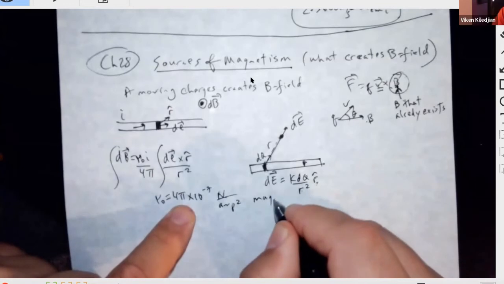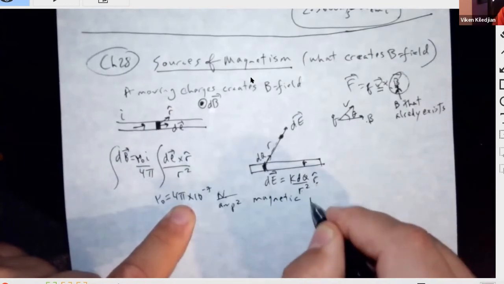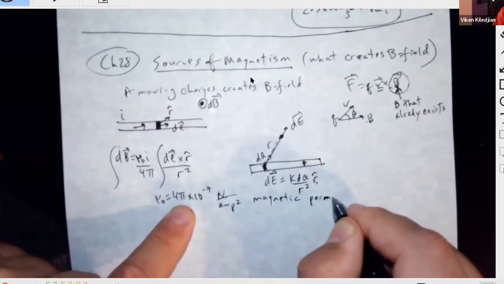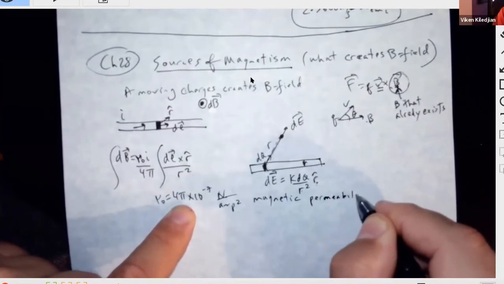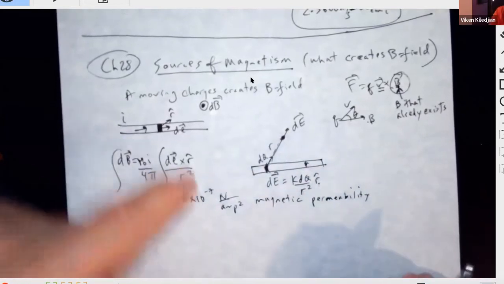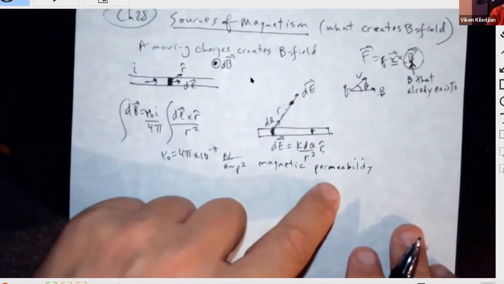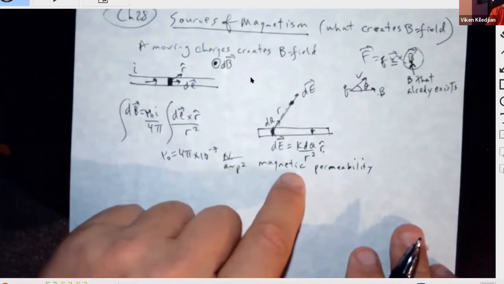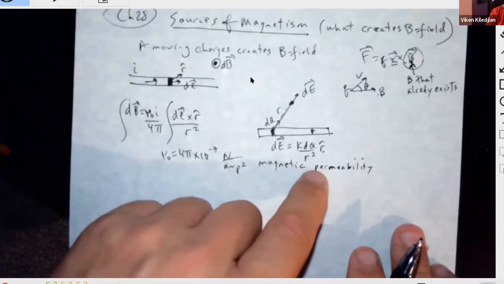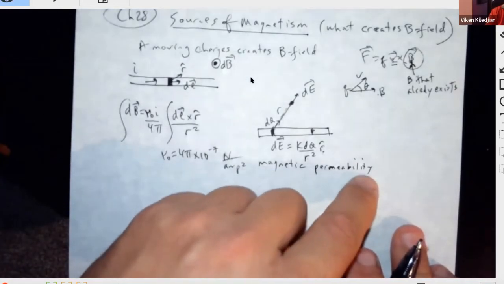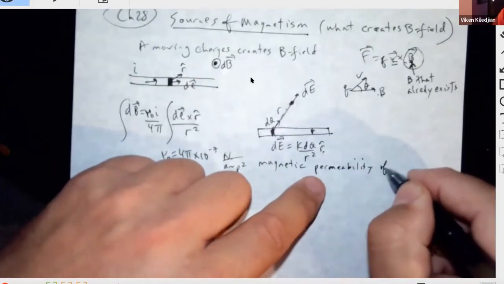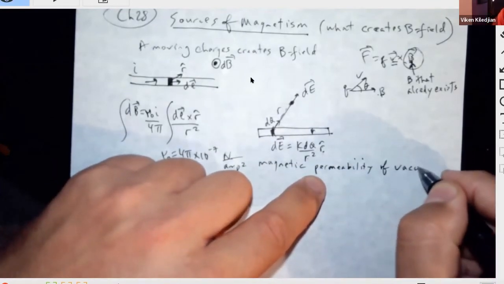Magnetic permeability. So I guess you can kind of word it this way. It's a measure of how well magnetism permeates into a vacuum. Magnetic permeability of vacuum.